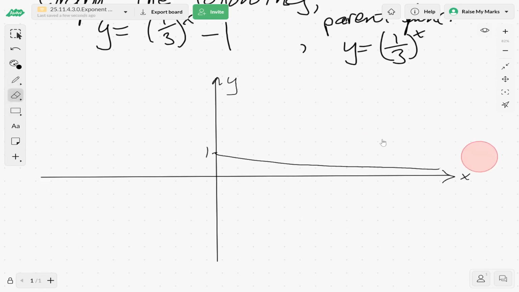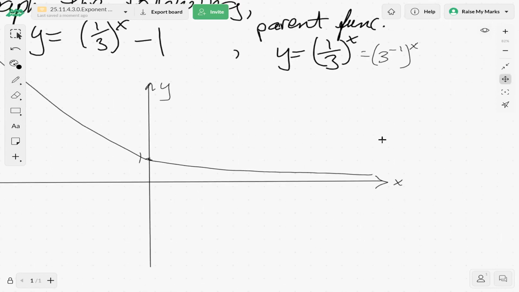All right, so next, as x gets larger negatively, our function actually gets bigger and bigger and bigger. This is because we can rewrite 1 over 3 as 3 to the negative 1, and all of that is raised to the power x.